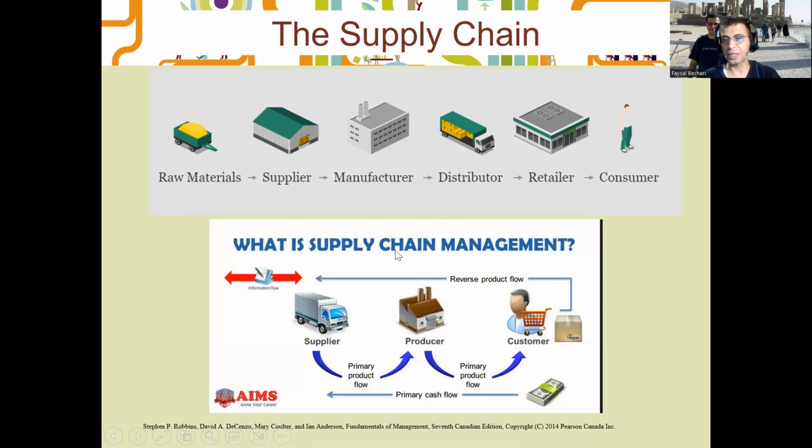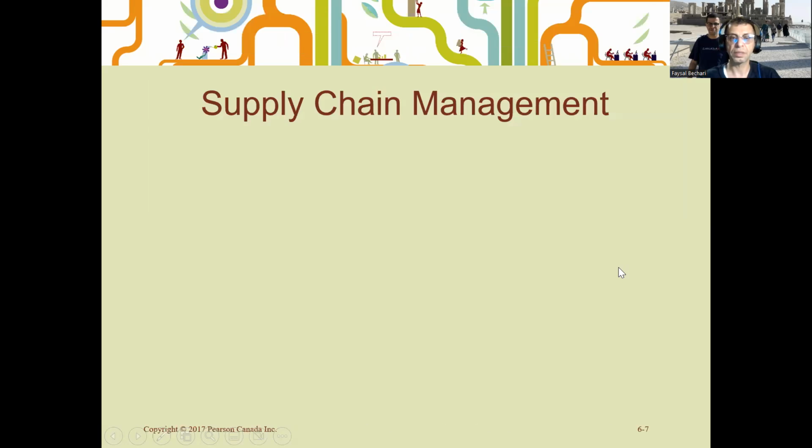Supply chain management is all about managing the whole cycle. Suppliers supply producers, who supply the customer, who gives a reverse flow of information to adjust up and down, and also pays cash. Managing this whole chain is supply chain management.